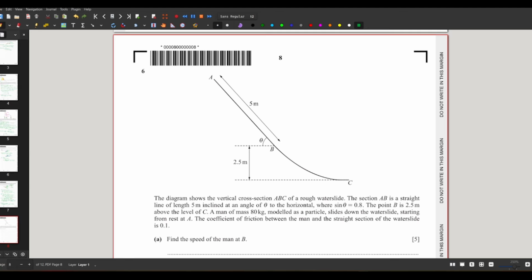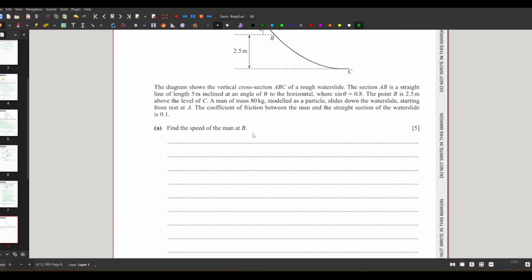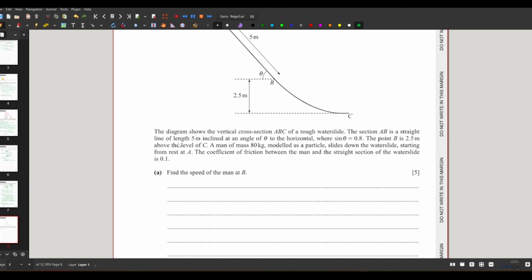A man of mass 80 kilogram modelled as a particle slides down the water slide starting from rest at A. The coefficient of friction between the man and the straight section of the water slide is 0.1. So mu AB is 0.1.